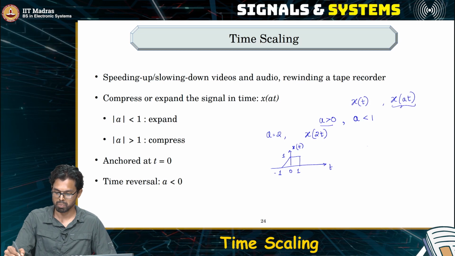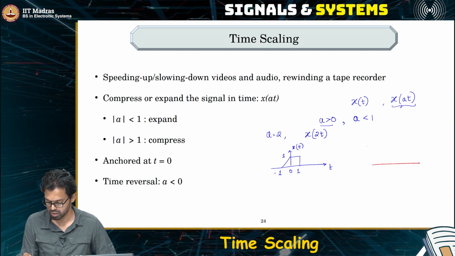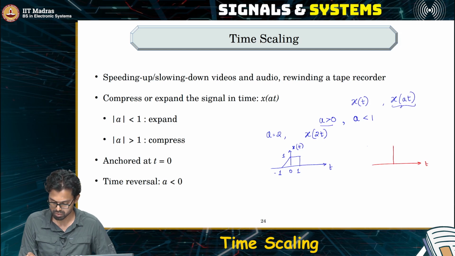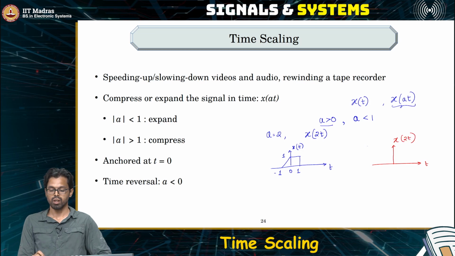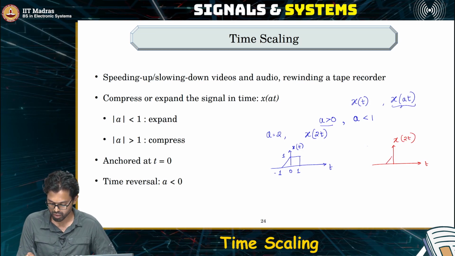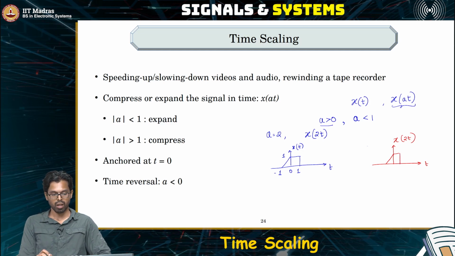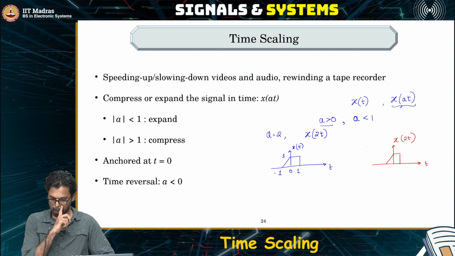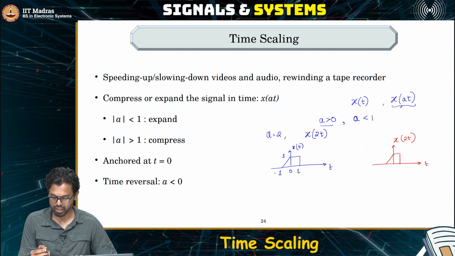Now let's plot the scaled version of this, x of 2t, where the scaling factor is 2.